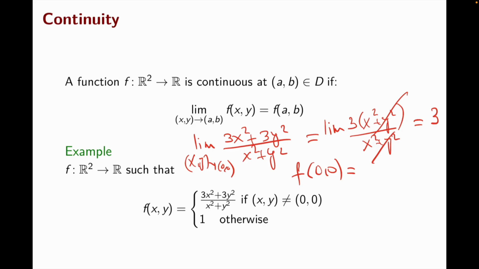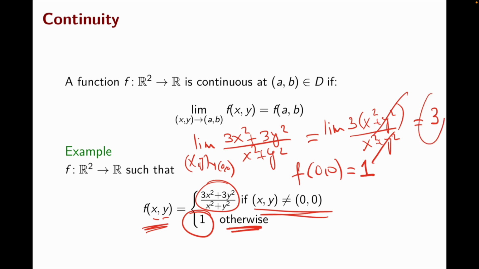Well, according to this definition, when (x, y) is (0, 0), it is the other part, because this first definition is for (x, y) not equal to (0, 0). So when it is (0, 0), the function is equal to 1. So we got that the limit is 3 and the value of the function is 1. These are not equal, and so we can deduce that this function is not continuous at (0, 0).